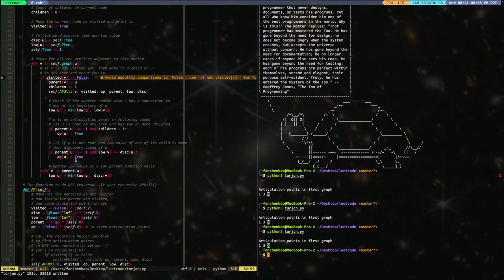So if the subtree rooted in V has a connection to one of the ancestors of U, then the discovery time of v must be no bigger than the discovery time of u. If u is not root and the low value of one of its child is more than the discovery of u. This is actually contrary to what I was thinking.